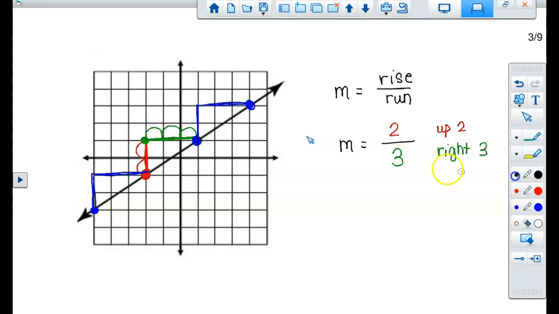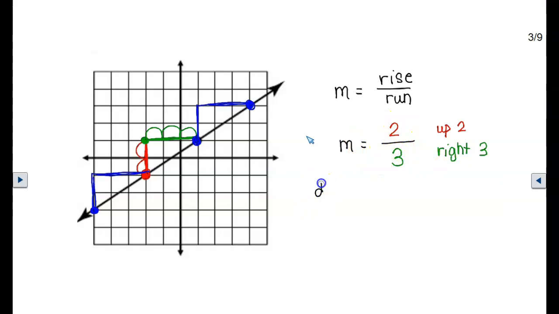Now, once you have this slope written, +2 over +3, then the next thing I want you to do is go to that Desmos calculator, because we need to see if this will reduce. And I want you to type in this fraction. So type in 2 divided by 3.